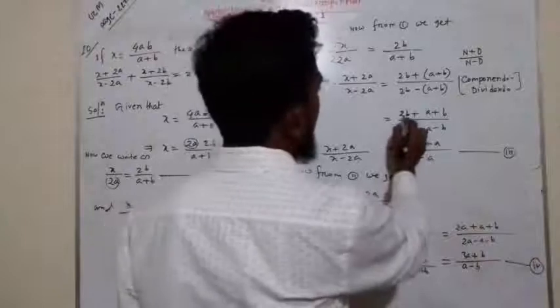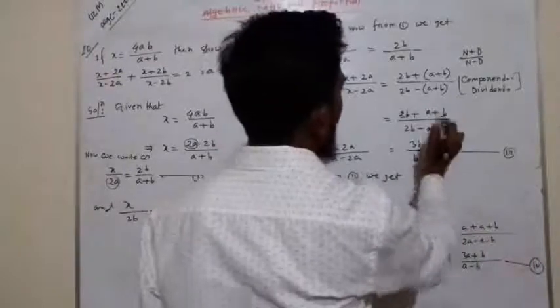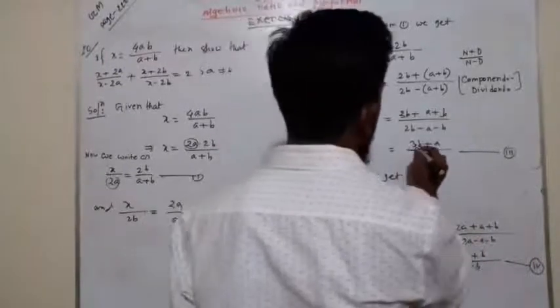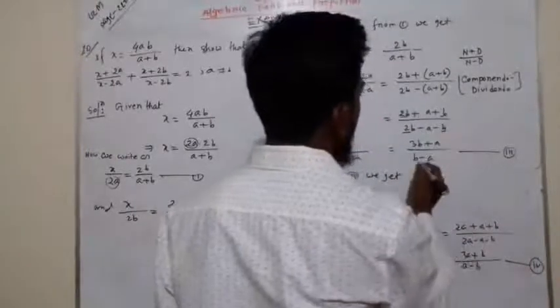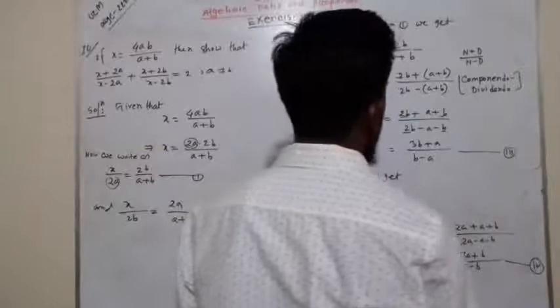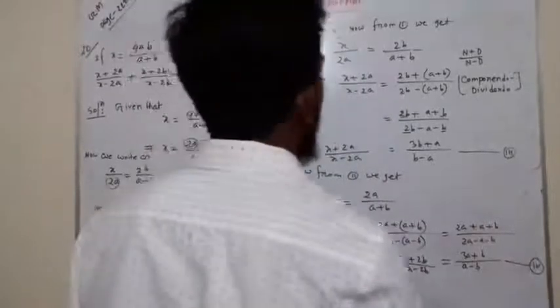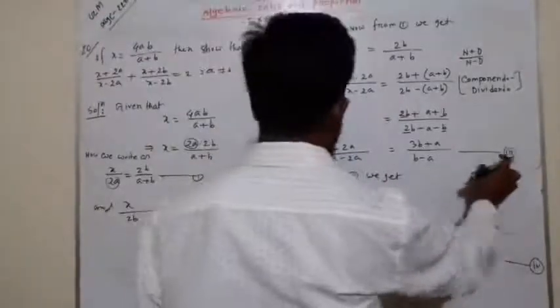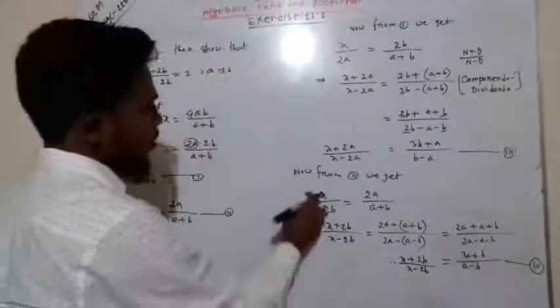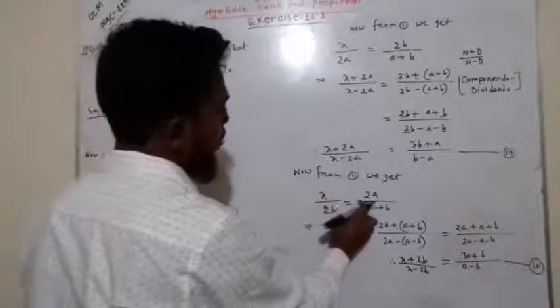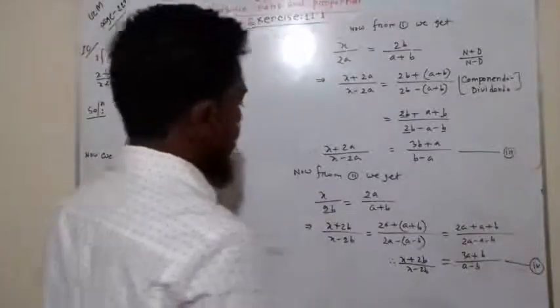So here 2b and b adding gives 3b plus a, and 2b minus b, this is b minus a. So we can take this as equation number 3. Now from equation 2 we get x/2b equal to 2a/(a+b).